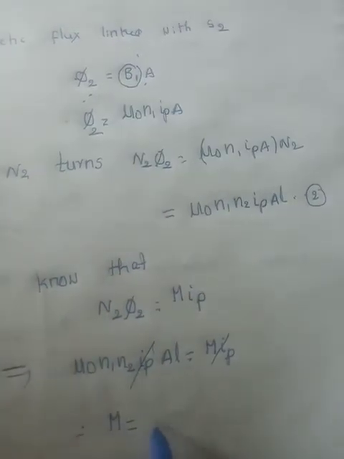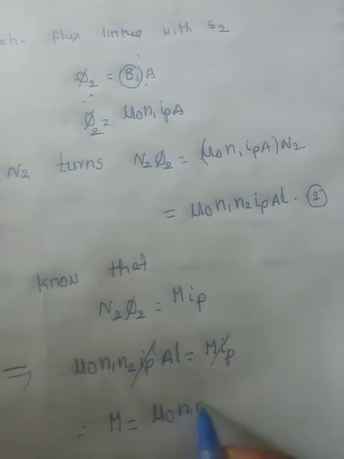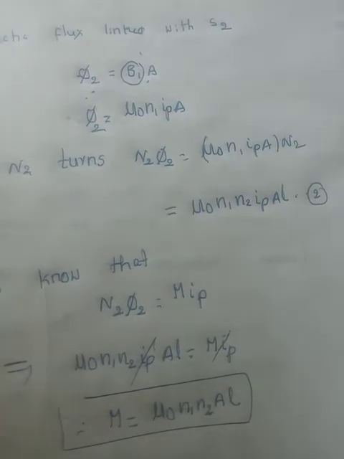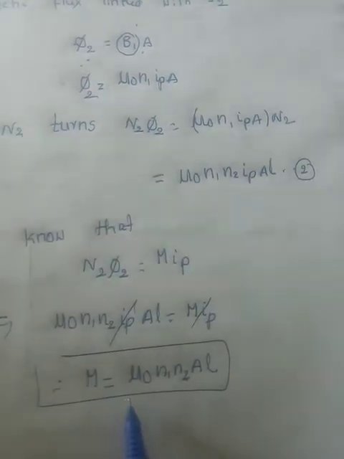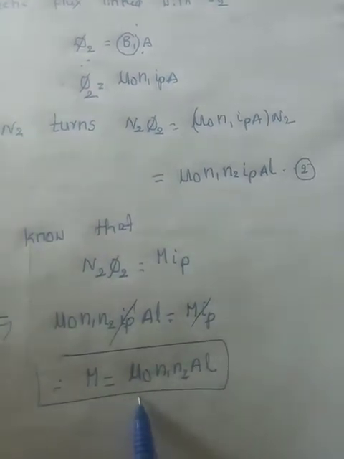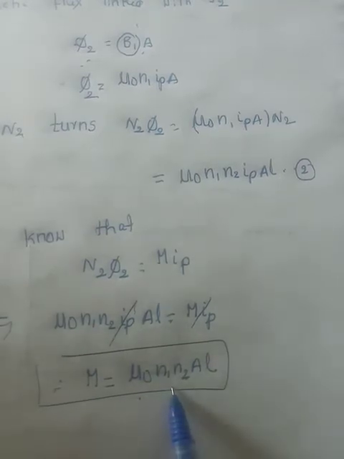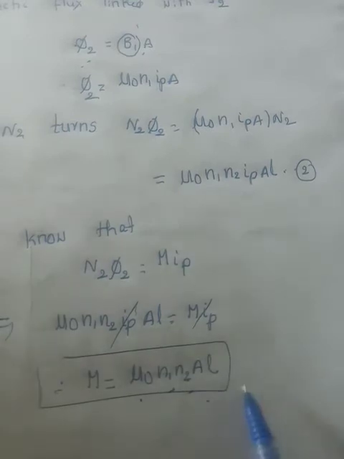Ip cancels. Therefore, M equals mu naught N1 N2 A by L. So the mutual inductance of two coaxial solenoids depends upon the nature of the medium, the number of turns in the primary coil, the number of turns in the secondary coil, area of cross section and length.